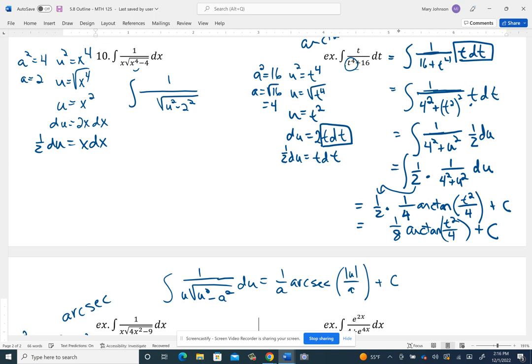The problem is right here where the dx is, I don't have an x with it. So I can't put 1/2 du in for that. I need that x there. And this x that was on the bottom is divided by, so it's not in front of that x right there.